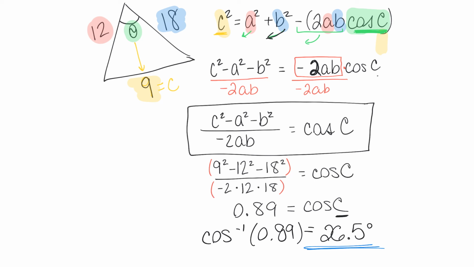So let's review the really important things here. When you find yourself in this situation and you're given all of the sides, if your triangle is not labeled, you need to make sure that you label it correctly.